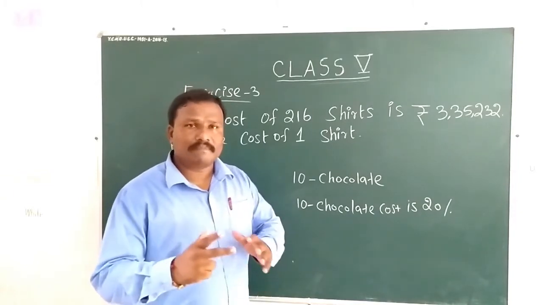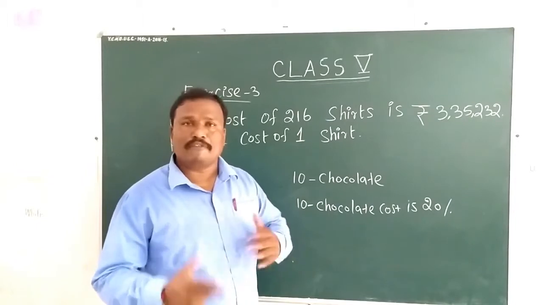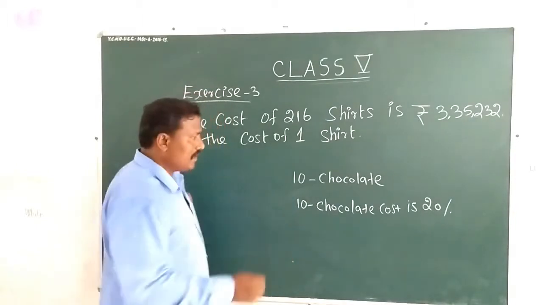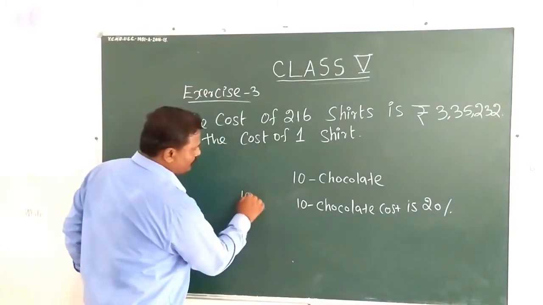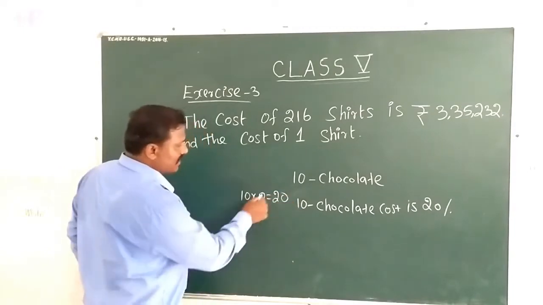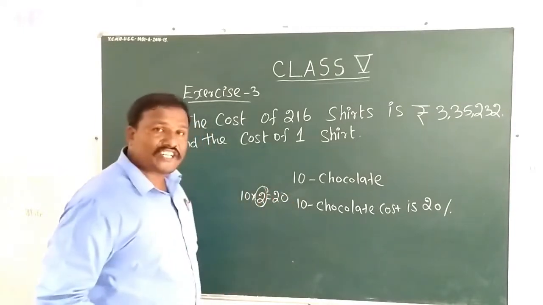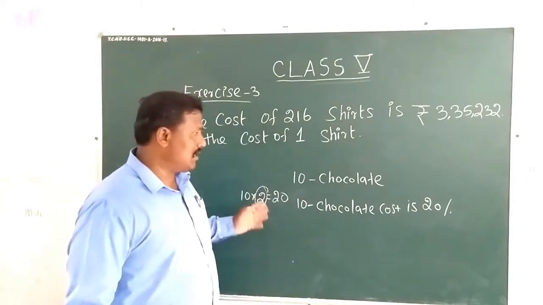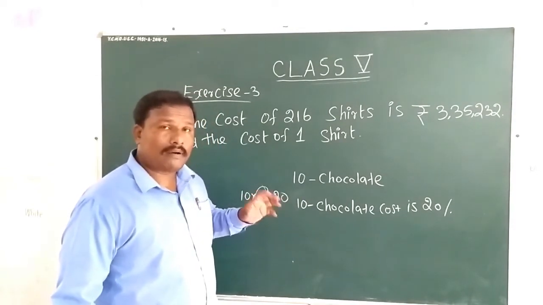Some of you may say 10 into 2 equals 20, means one chocolate costs 2 rupees.